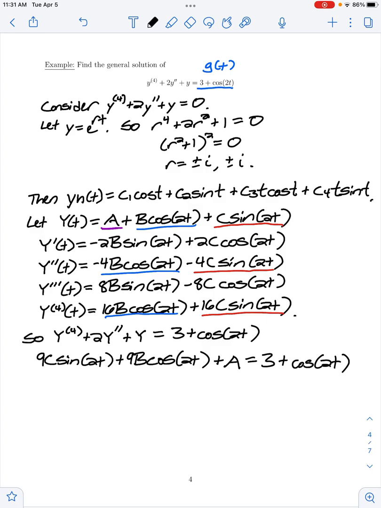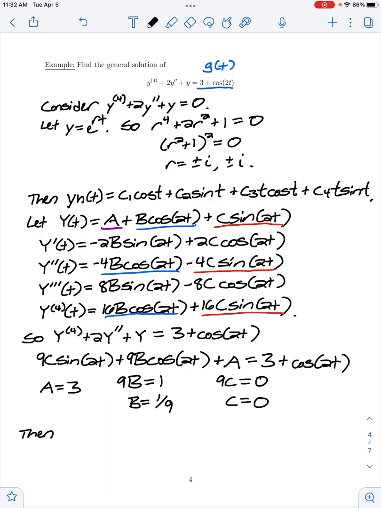So equating these coefficients, starting with the constants, we see right away that a has to be 3. Equating the coefficients for cosine, 9b has to be 1, and therefore b is 1/9. And equating the sine coefficients, we see 9c has to be 0, and therefore c is 0.